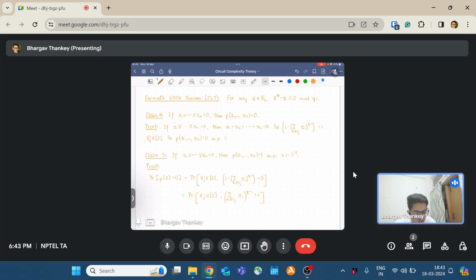Okay, so let me finish. Now we know that alpha is not 0, so alpha to the q minus 1 is congruent to 1 mod q.